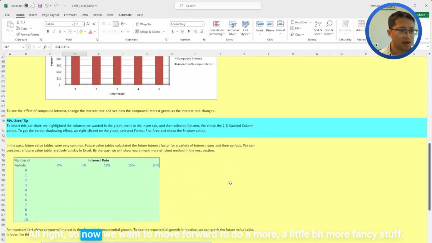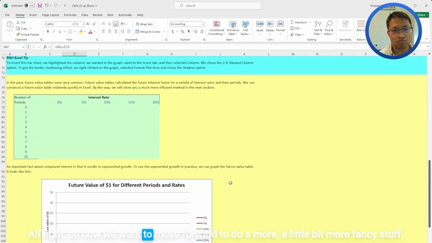All right, so now we want to move forward to do a little bit more fancy stuff. We want to understand a little bit better the question: what if? What if our investment changes from 0 years to 1 year to 3, all the way to 10 years?